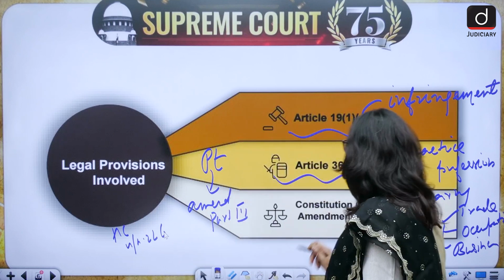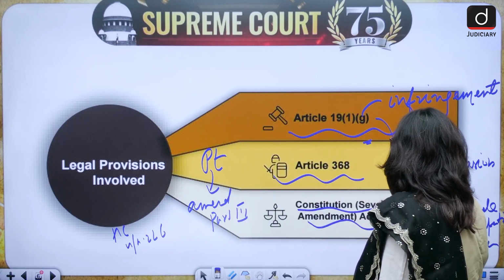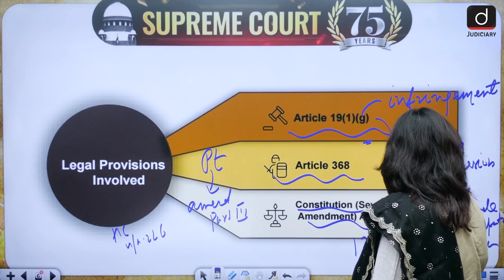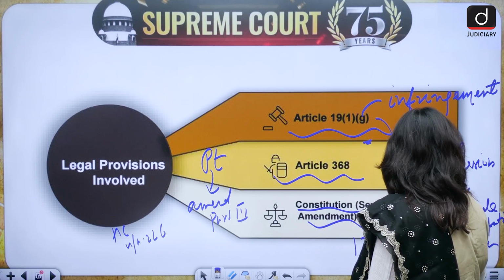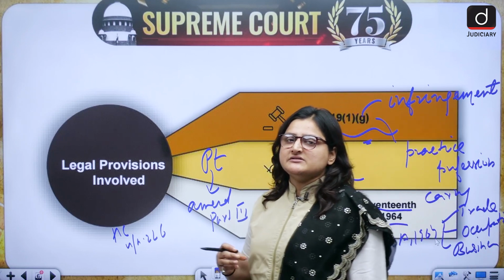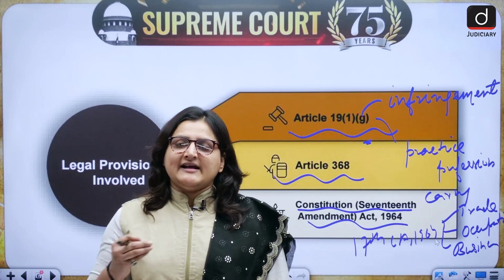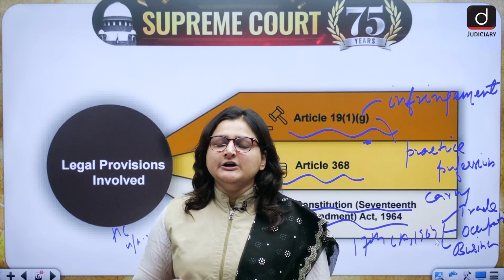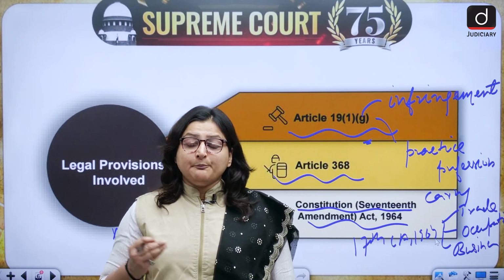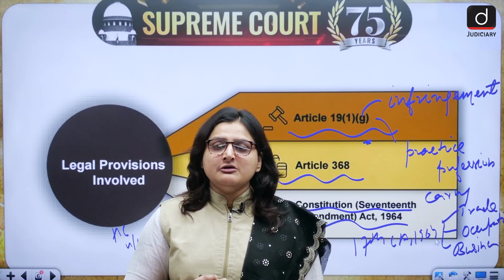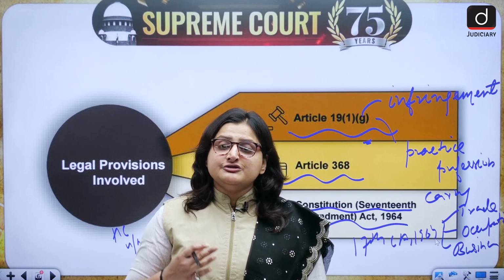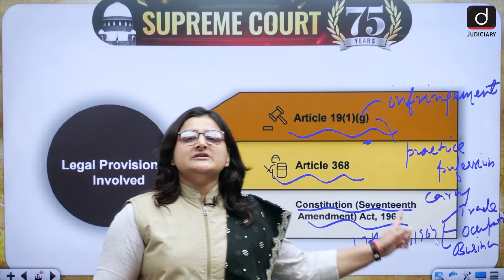And moreover, the 17th Constitutional Amendment of 1964 was challenged, because through this 17th Amendment only, the Rajasthan Land Reforms Act was put in the 9th schedule, and it was beyond judicial scrutiny through this amendment only.